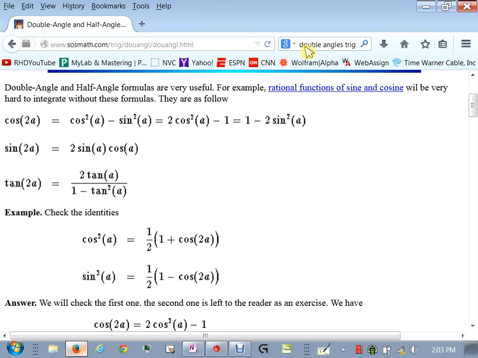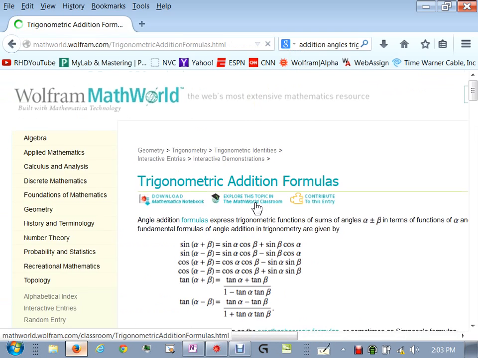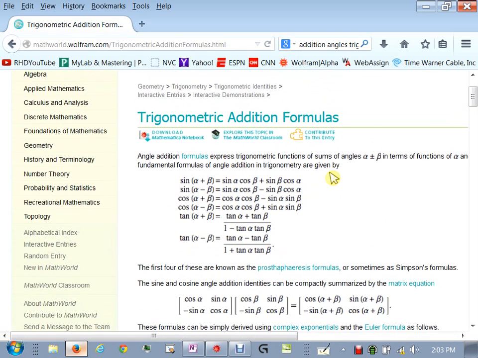Not double angle. I want addition angle trig. There they are. What do you know? It's on Wolfram MathWorld from Wolfram.com. Look at this right here.